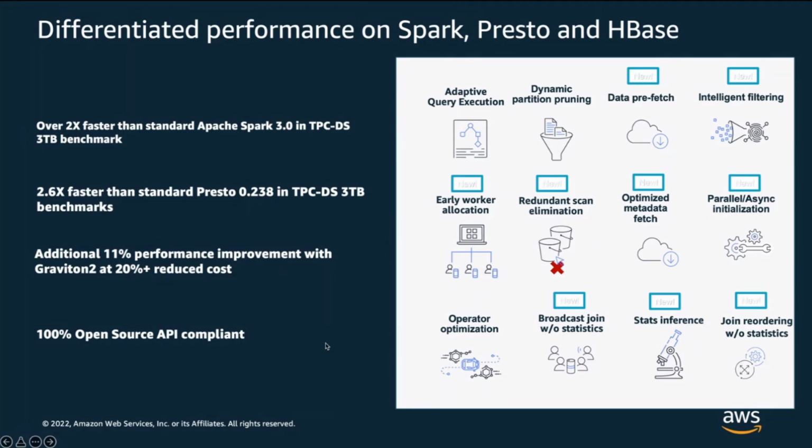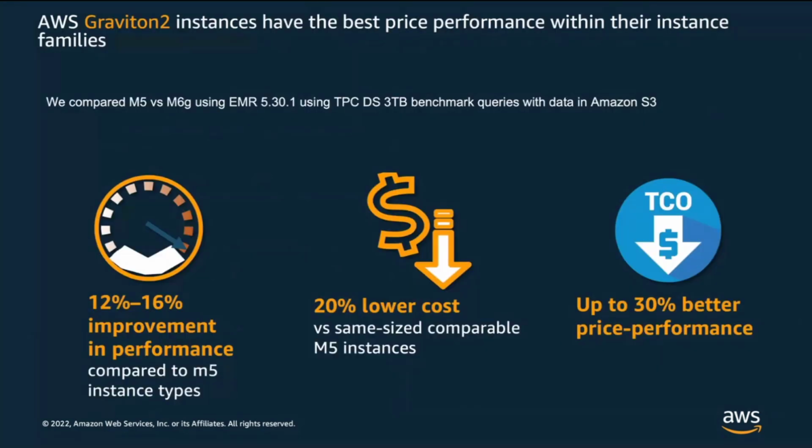And this is complete 100% open source API compliance, since we are using open source frameworks. So you can improve performance by using EMR with Spark 3.0, Presto 0.238, and the Graviton 2 processor.